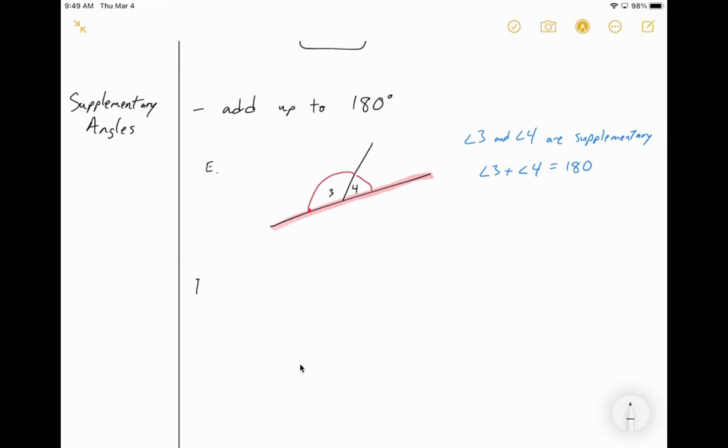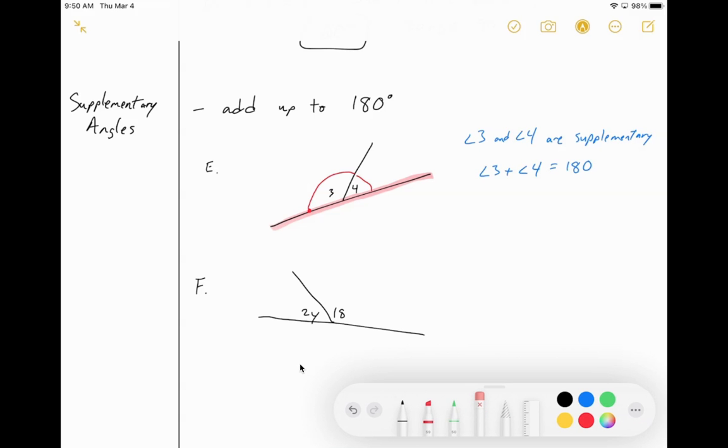All right, so let's try one here. Let's say I have... Could you tell me what y is equal to here?